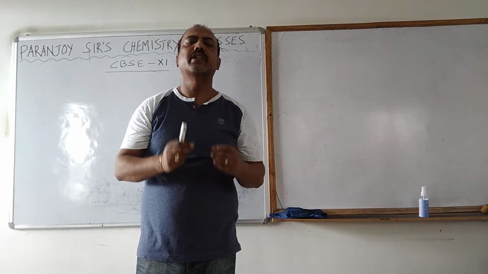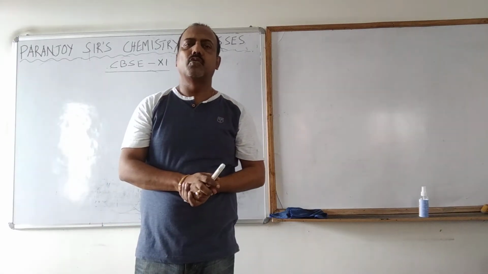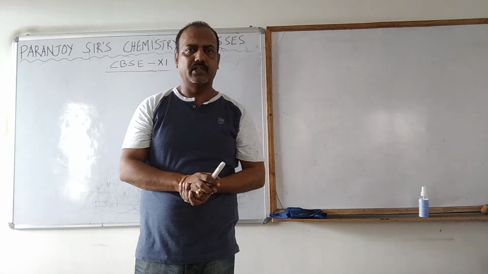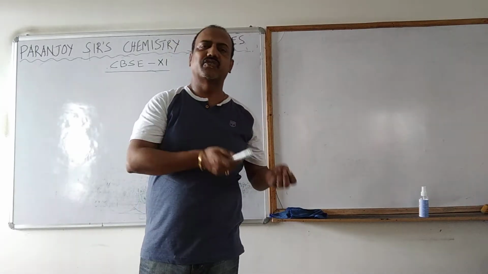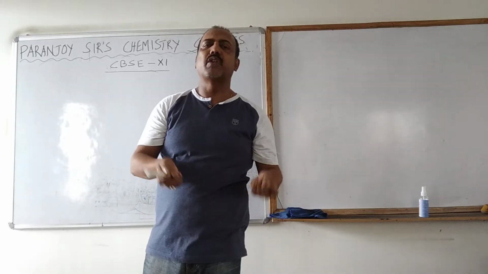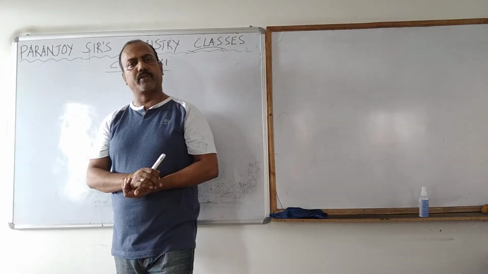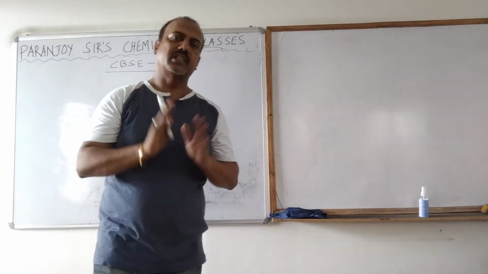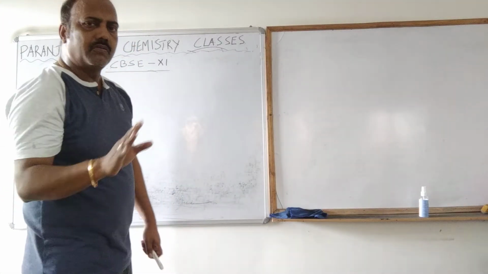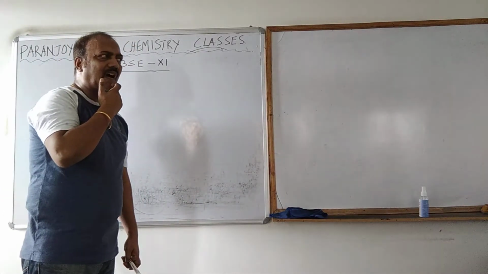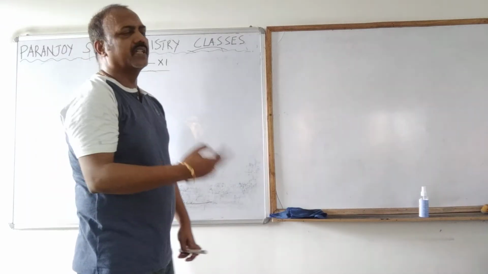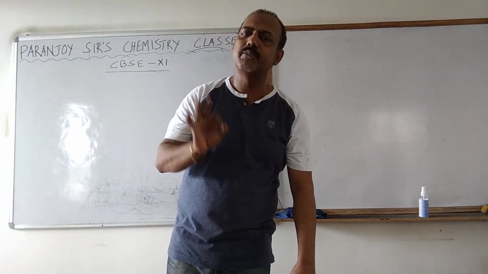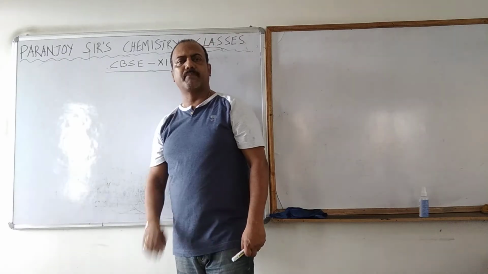That gives it extra stability, and that is why they share the electrons and form the bond. Fine, that was the concept. Now let us see how he explained his concept. He explained it by a simple process called the Venn diagram method.